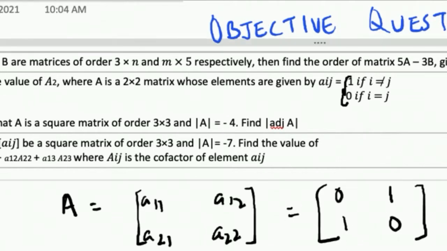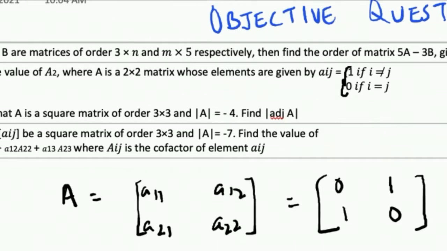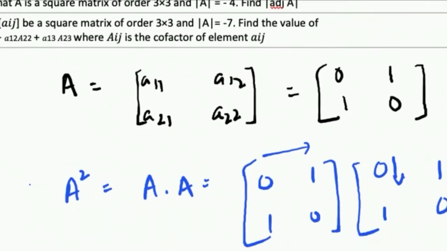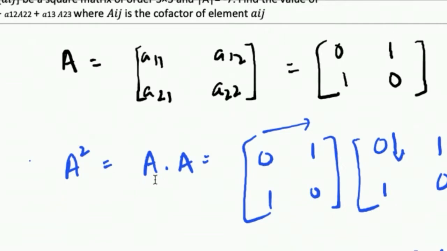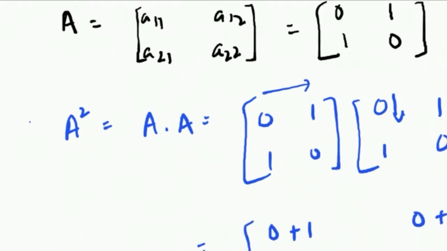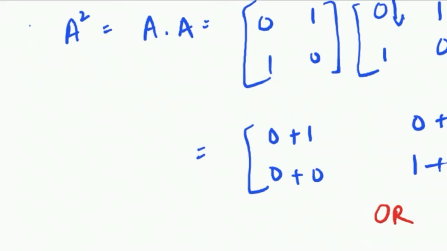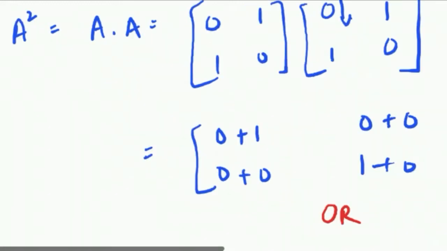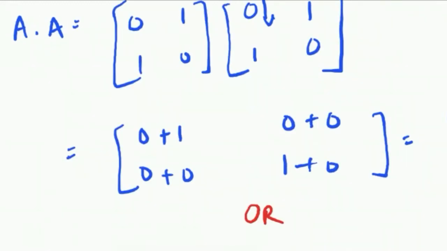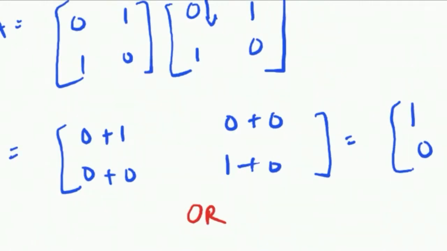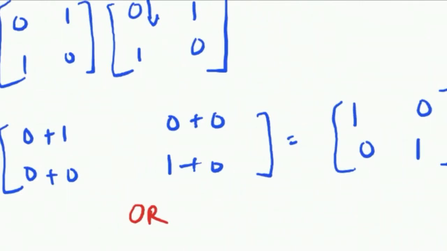Now A square means I have to multiply my matrix by itself, A into A. Multiply row with the column. You are very well familiar with matrix multiplication. When you simplify it, you will get the identity matrix of order 2, which is I2. So this is the answer to the first optional part of the fifth question.